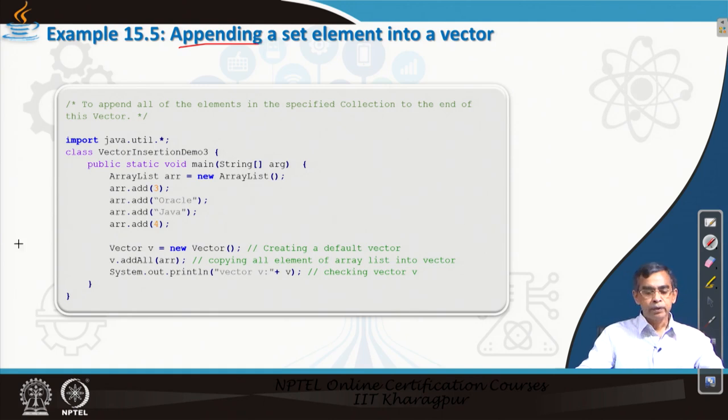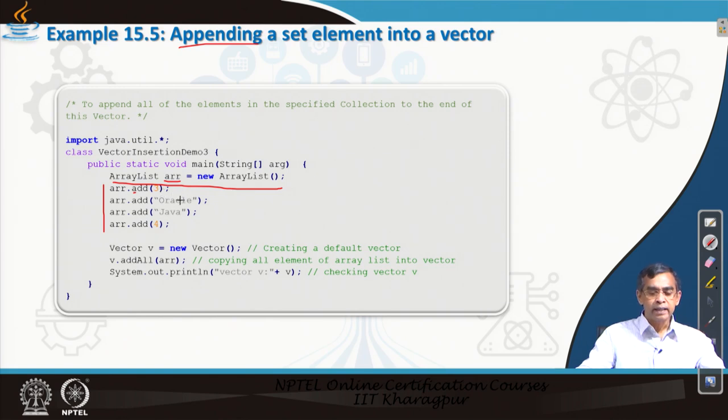Here is an example. First we create a collection called ARR, a collection of type ArrayList. We have already learned ArrayList in our previous lessons.